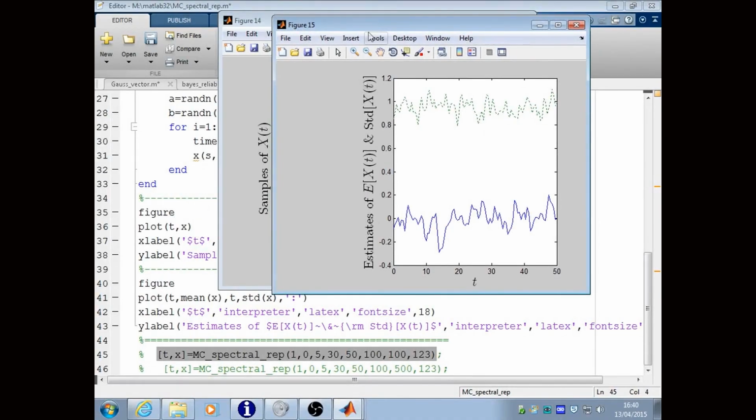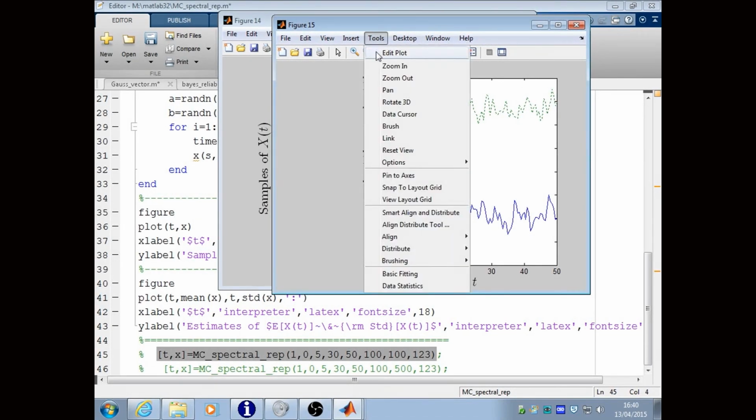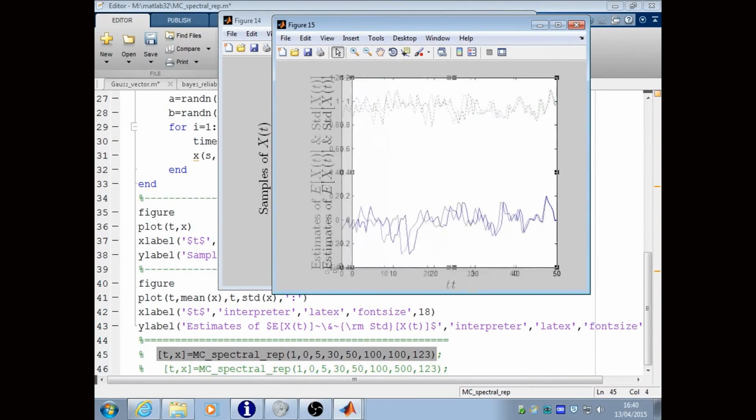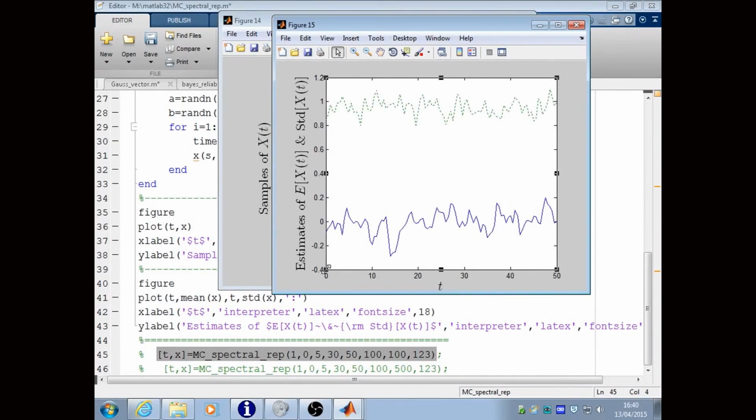But you can see quite a bit here. And what happened? Well, as you expected, the mean is getting closer and closer to 0, what it should be, and the standard deviation is getting closer and closer to 1. And from here, you can produce all kinds of translation models.